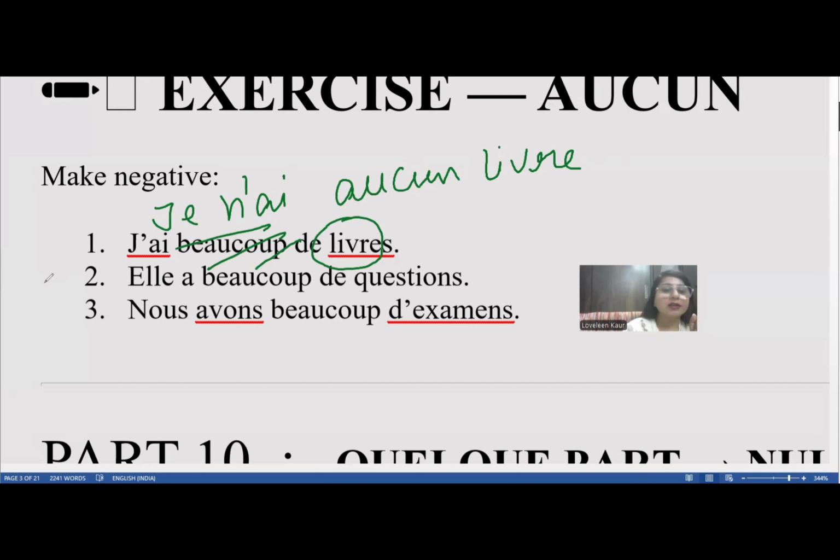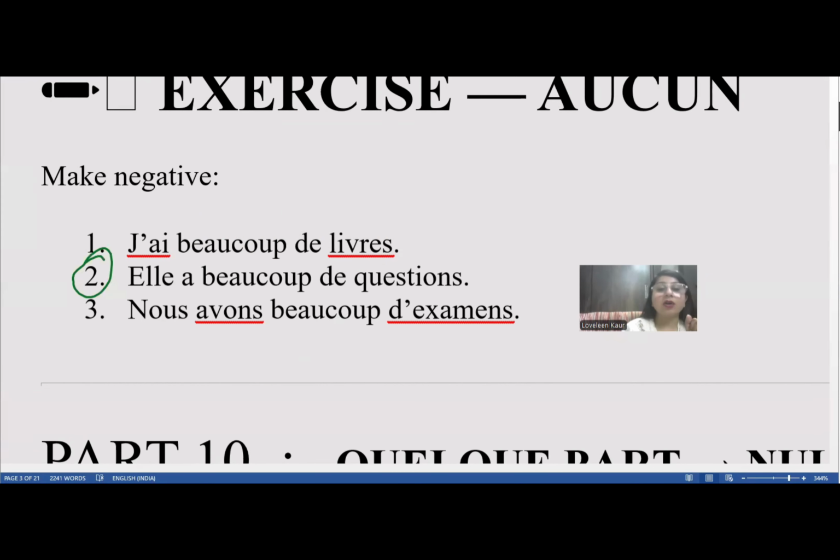And now we have the second thing. If I say elle a beaucoup de questions, she has a lot of questions, she has many questions. I will make it negative. First of all, whenever any word ends with tion as a suffix, you know, those words are feminine words. All right. So of course, this is a feminine plural.